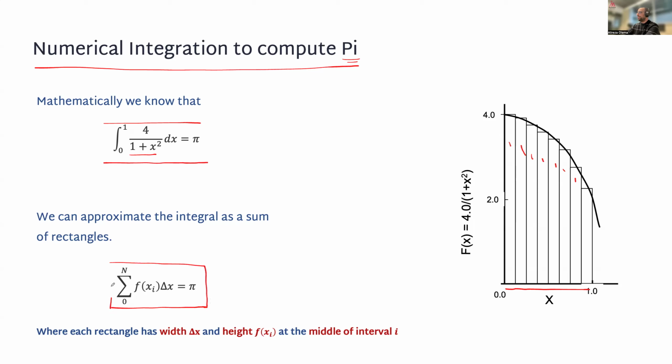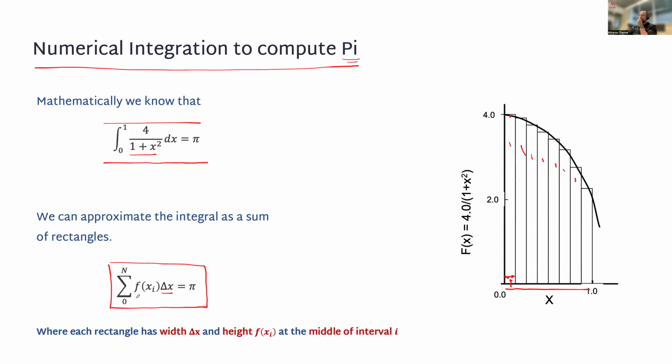So we need first to create this delta x, which is this length, right? And then to compute the area of these rectangles, we just need to multiply this delta x by the height of this rectangle. And the height is computed by computing the value of this curve, right, in this middle point here.